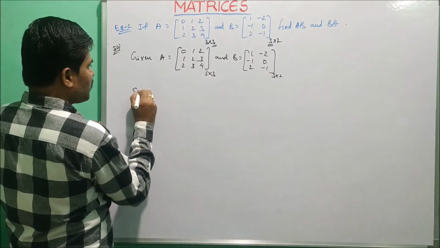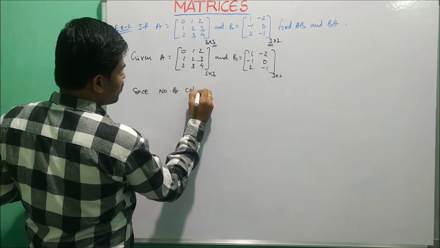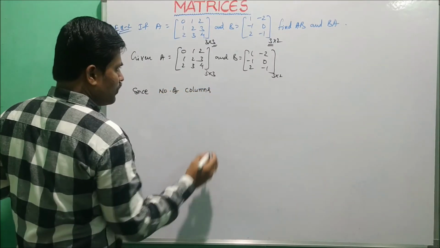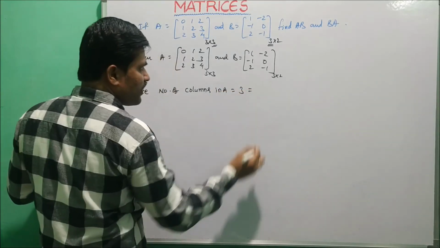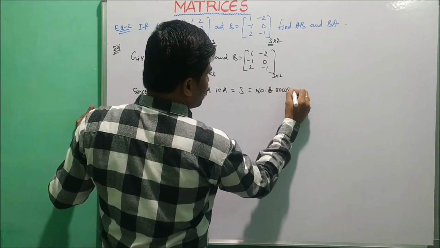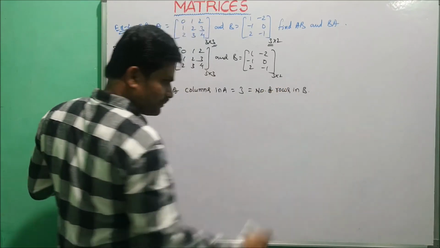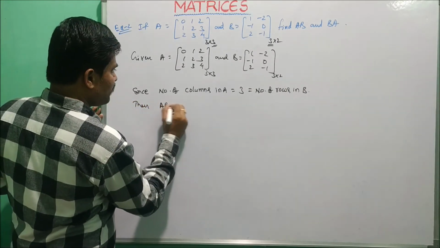So since the number of columns in A equals 3, which equals the number of rows in B, AB exists.